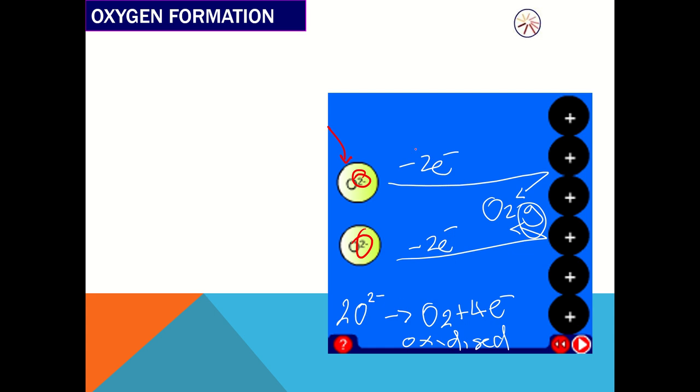They will do that by each oxide ion losing 2 electrons to get rid of that 2- charge, and they will form oxygen gas. So the equation for that is down here, 2 oxide ions forming oxygen gas, and losing your 4 electrons in doing so. And that's an oxidation reaction because electrons are of course lost.